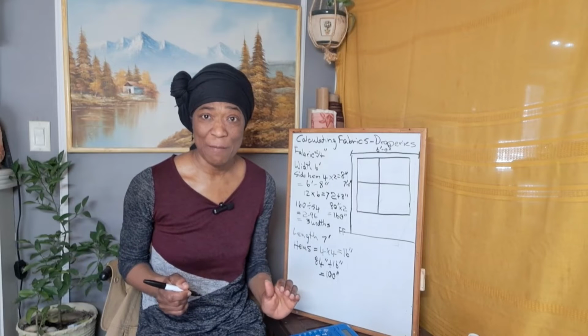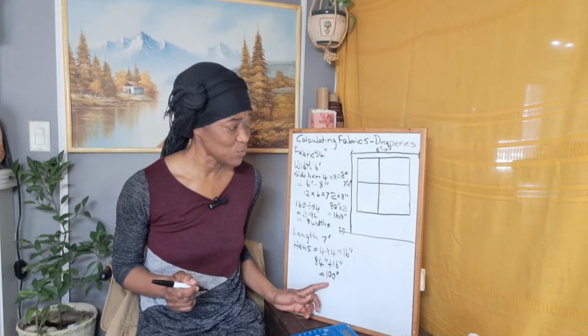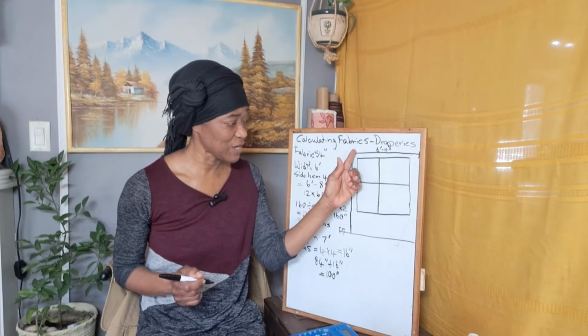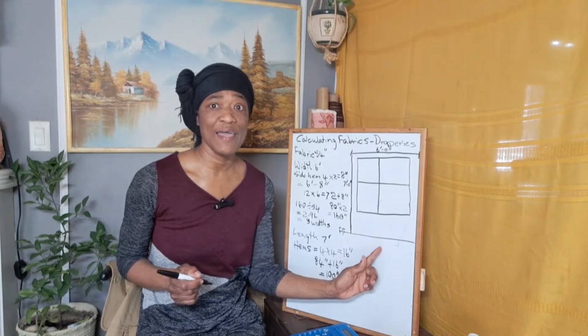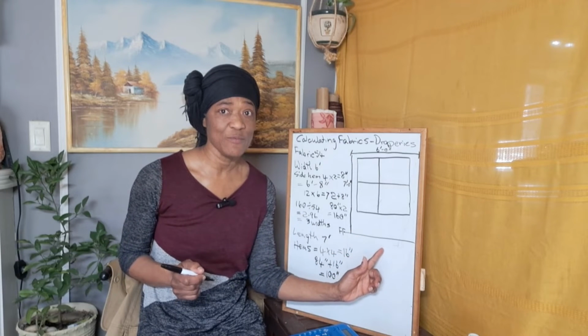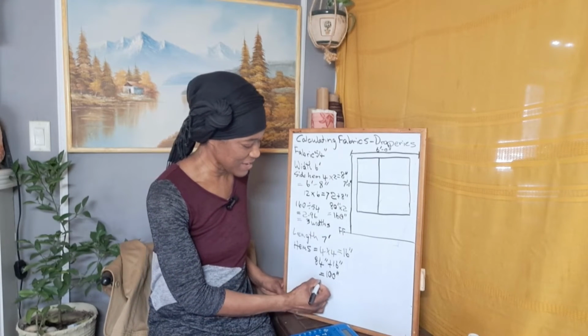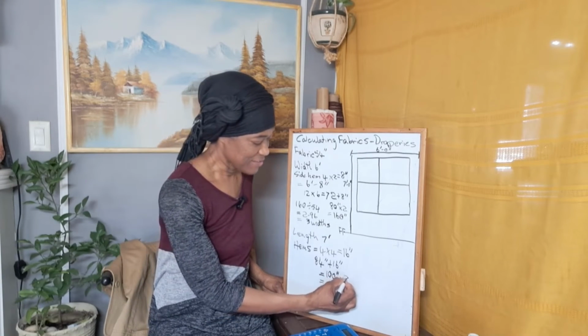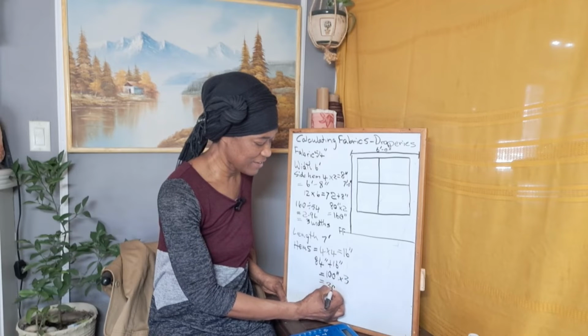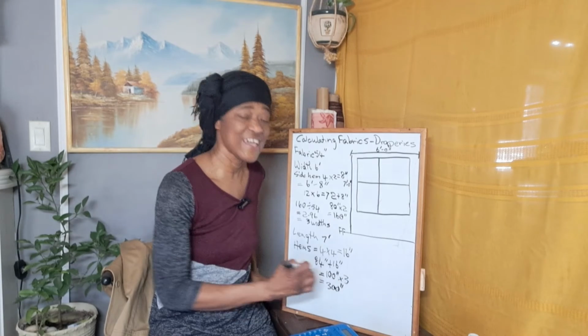The next step is to multiply this 100 inches, which is from top to bottom here, by 3, because we need 3 widths to go across the window. So that will be 300 inches.